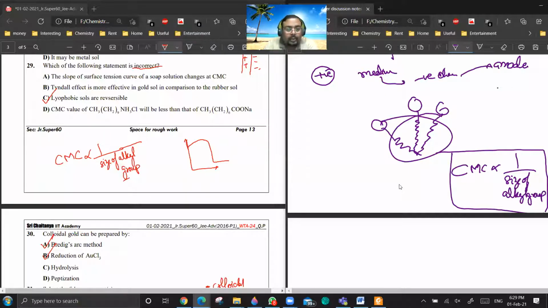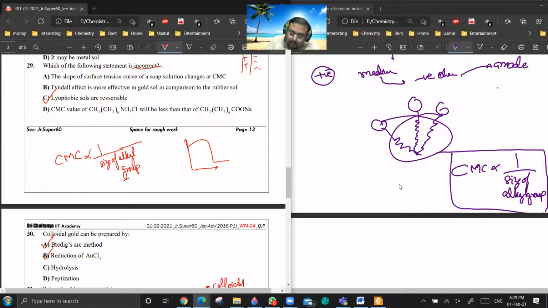So in the first case, this is having a bigger size. Yes or no? This is having like how many? 9 and 10 carbon atoms. This is having only 7 carbon atoms, or say 8, because this is a non-polar group. So this will require less concentration to form a micelle.